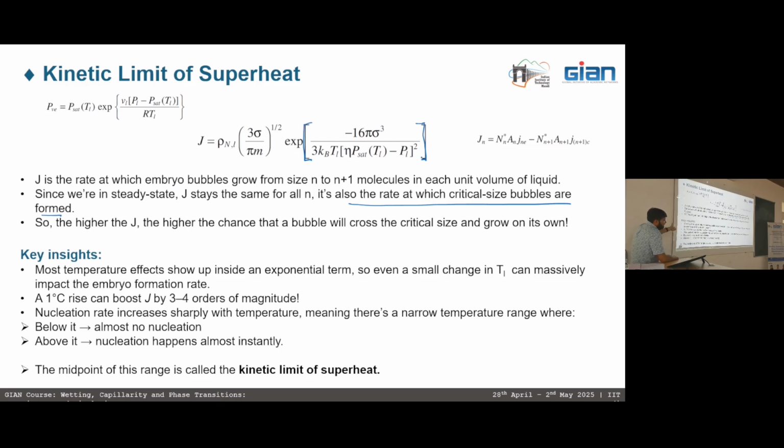At one state there is no embryo formation, but with an increase of 1 degree Celsius, multiple embryos can form, in numbers that are orders of magnitude higher. Also, the nucleation rate increases sharply with temperature, meaning there is a narrow temperature range below which we have almost no nucleation, and above which nucleation happens instantly, with a large population of embryos, which then grow and the phase change occurs.